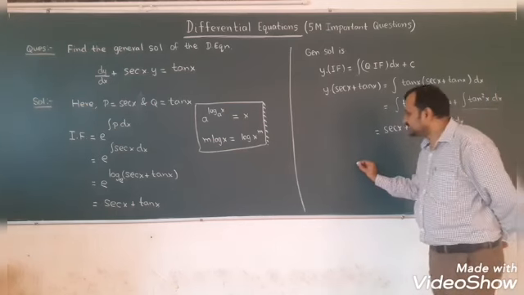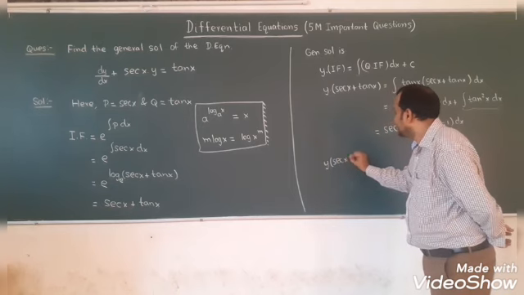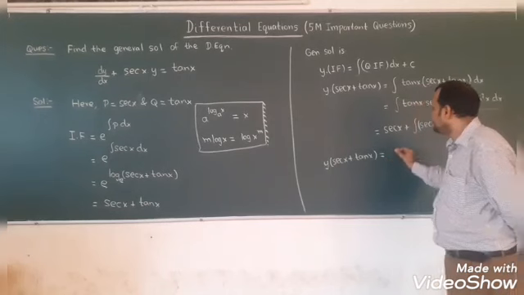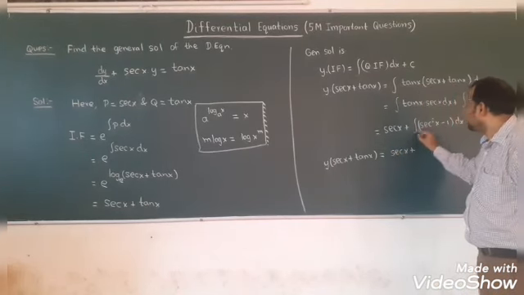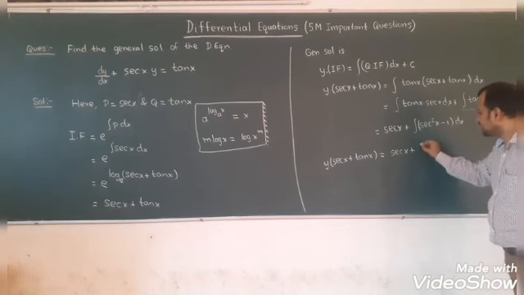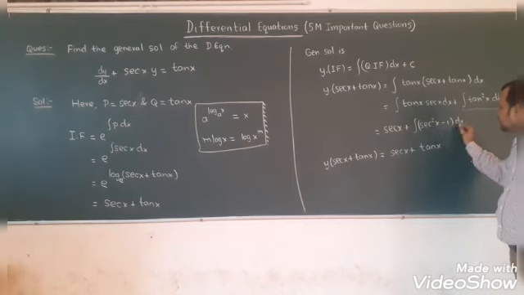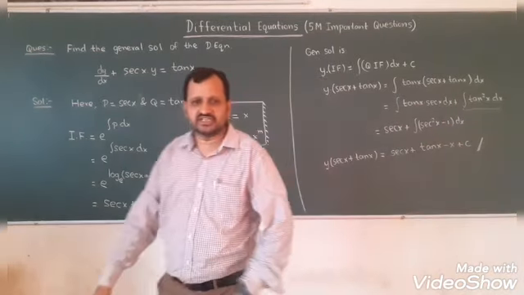So finally the answer of this question is y into secant x plus tan x is equal to secant x plus, what is integral of secant square x? It is nothing but tan x. What is integral of minus 1 dx? Minus x plus c. So this is the required general solution of the differential equation.